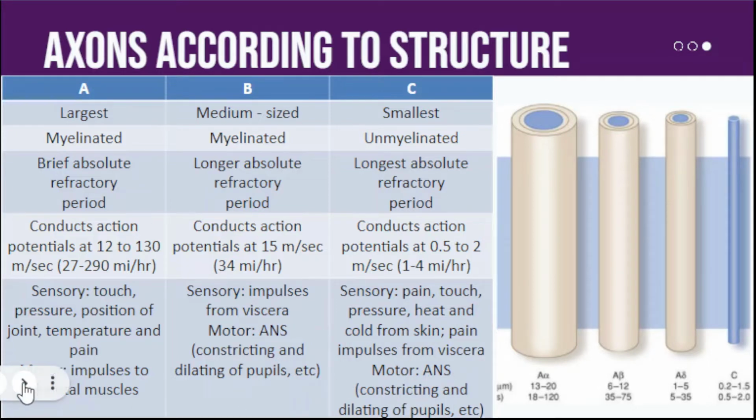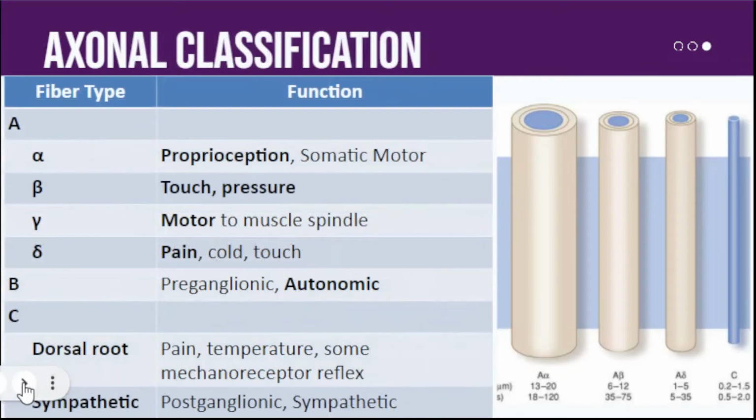Now, these three major types of axons can further be divided into their subtypes. So you have your A alpha, A beta, A gamma, and A delta. Your B, your C, which also can be found in two places, your dorsal root and your sympathetic places. So when we say A alpha, they function for proprioception. Ang ibig sabihin ng proprioception is position, no?